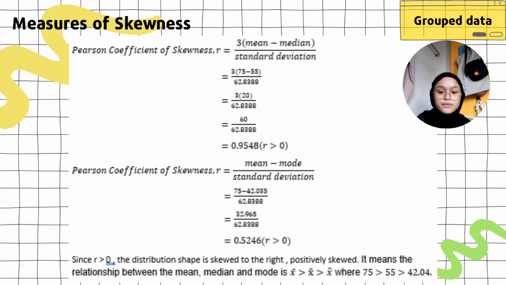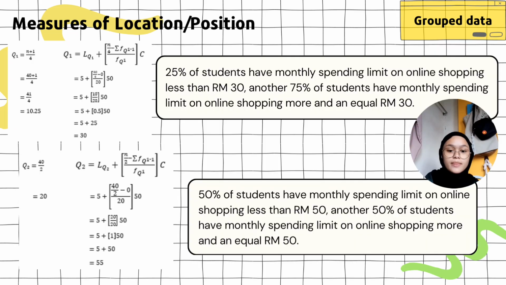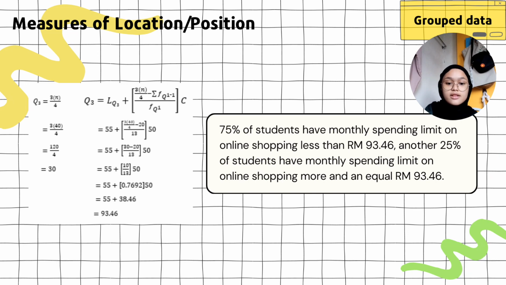The relationship is that the mean is greater than the median. Lastly, for the measure of position, we get the first quartile is 30 ringgit, the second quartile is 55 ringgit, and the third quartile is 93.46 ringgit. This quartile can be referred to the budget.